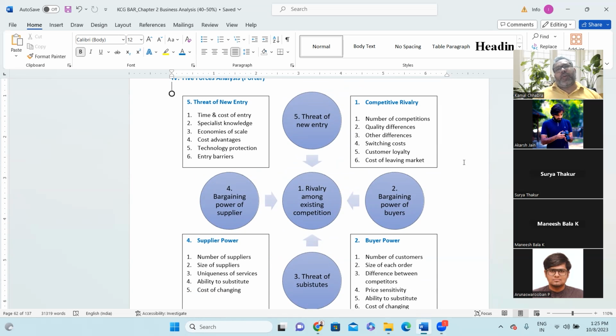right? So for example, let's assume two types of industry. One is the service industry, let's assume the edtech industry, right? In the edtech industry, if you see, when Baiju started back in 2008, after that Vedantu came up, Simplilearn came up, many other players, Class Plus and many others have come up, right?